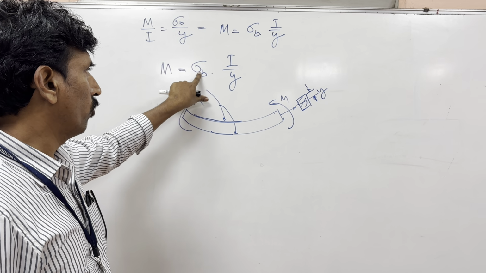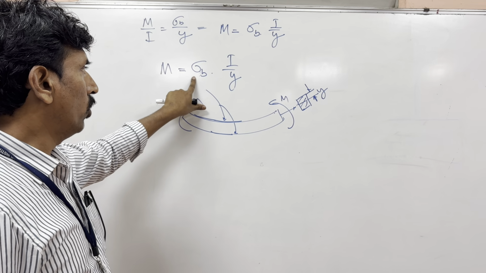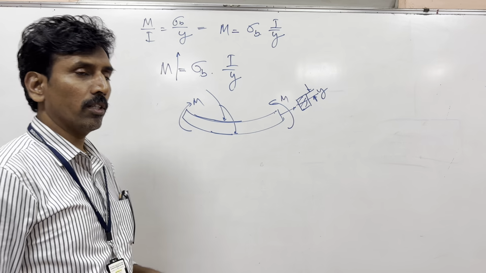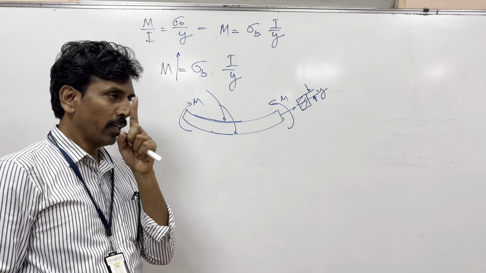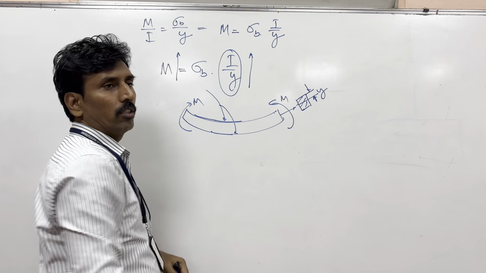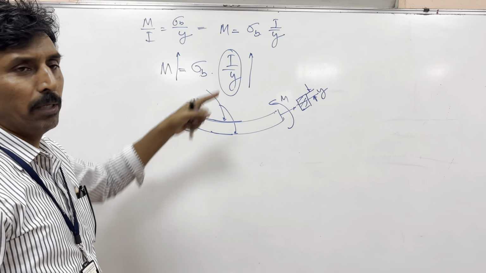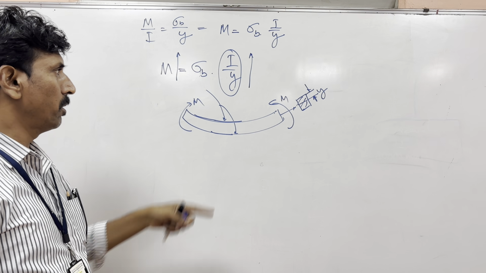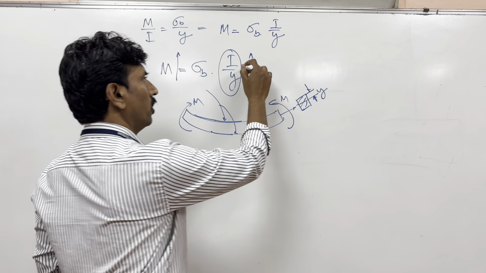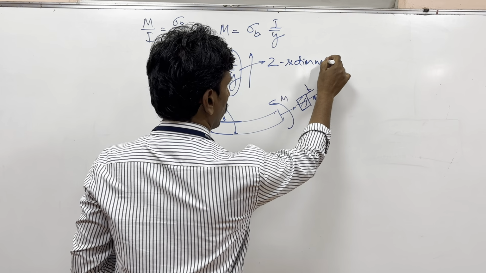For this material, if you want to keep increasing the maximum moment a beam can take, then you have to increase this value. What is this I? I refers to BD cubed by 12 in the case of rectangular beams, Y refers to D by 2. Now this ratio is called Z, which is called the section modulus.